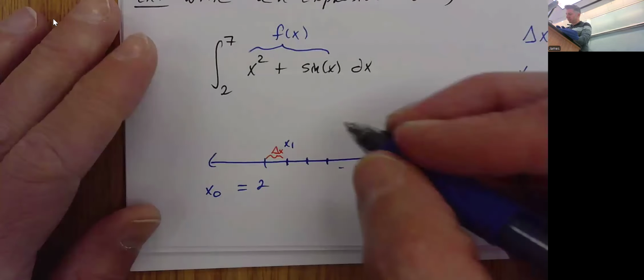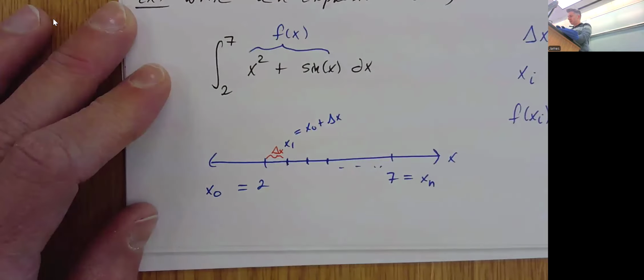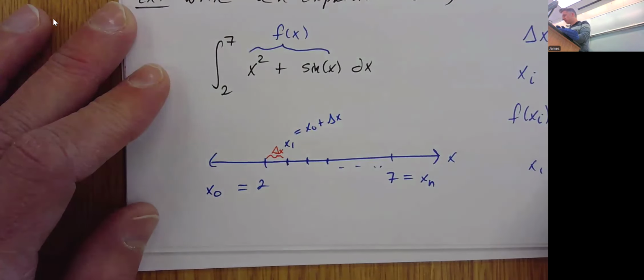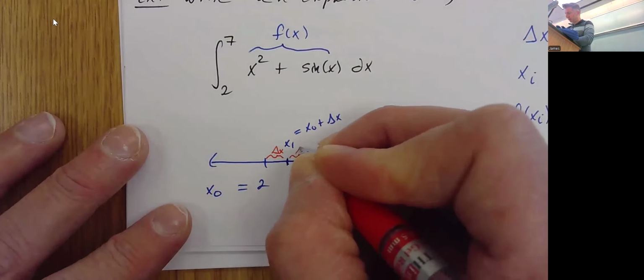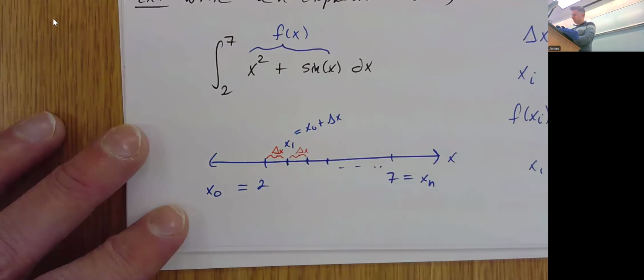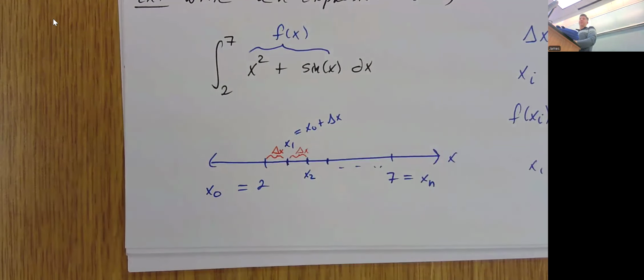So my x sub 1 is exactly x sub 0 plus delta x. And then my x sub 2 is also a delta x away from the previous one. I like to think of it as x sub 2 is x sub 1 plus delta x, but that's kind of annoying.